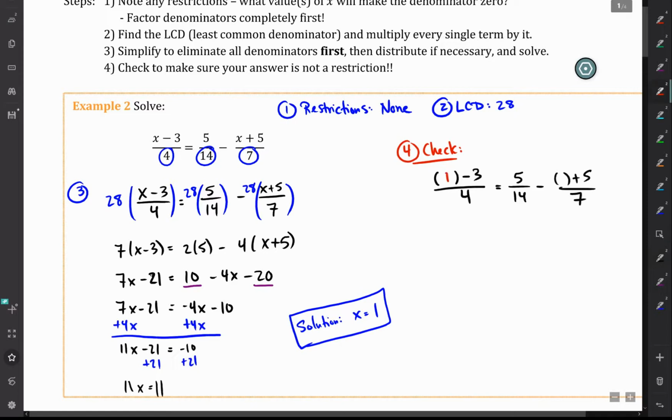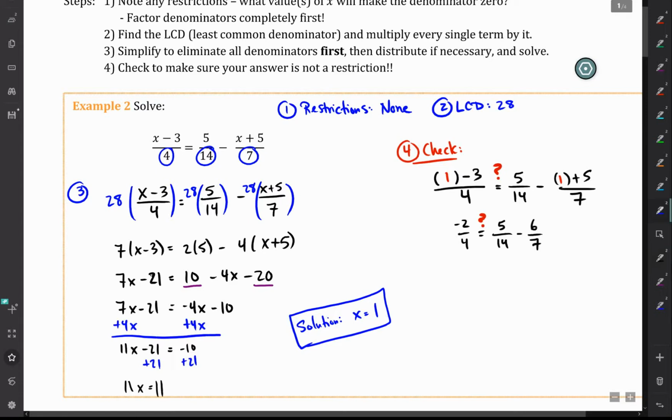And I'm going to plug in x equals 1 into that equation. The left-hand side is going to be 1 minus 3 is negative 2, so negative 2 over 4. And remember, the goal here is to figure out if this statement is true when I plug in 1. So the question is, is negative 2/4 equal to 5/14 minus 6 over 7?